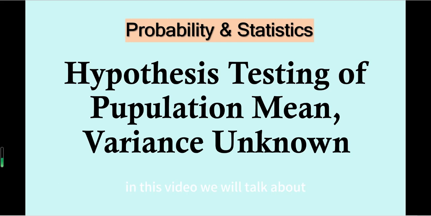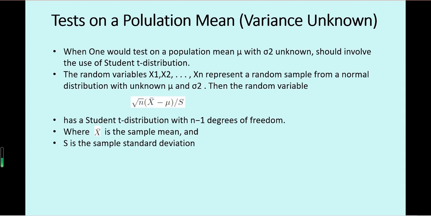In this video, we will talk about hypothesis testing of the population mean when the variance is unknown. So say we want to test a hypothesis about the population mean mu, and actually we do not know the variance of the population.